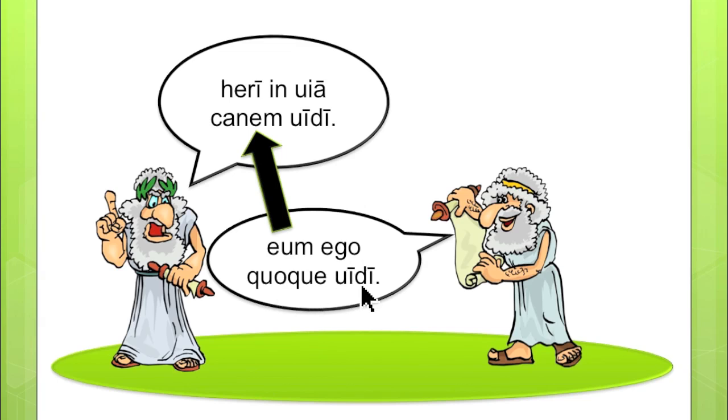I also saw it, referring to the dog. Now here Latin must use the masculine accusative form, eum, because canem is masculine, so Latin must preserve that gender. But essentially this word here is functioning as a third person pronoun, meaning it.